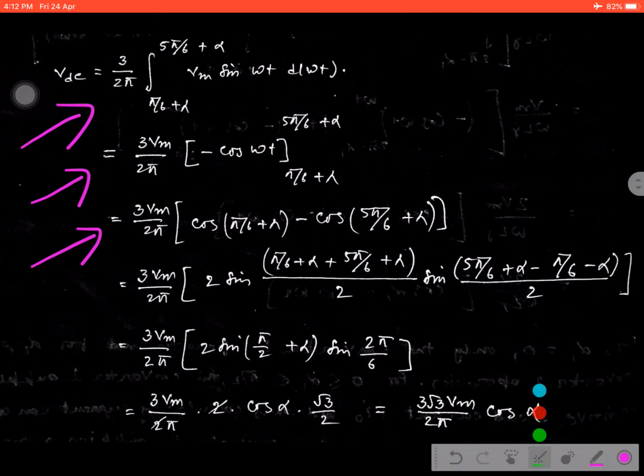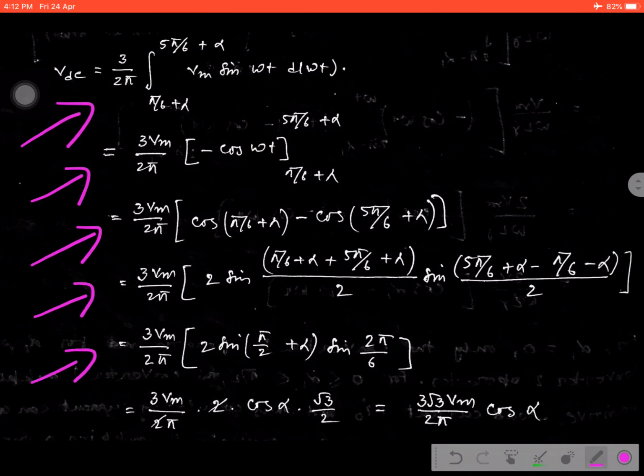That means this is cos A minus cos B. We know the formula, that is 2 sin (A plus B) by 2 sin (B minus A) by 2. So putting this formula, we can have this expression. Okay, after simplification, we will get a different form of expression.